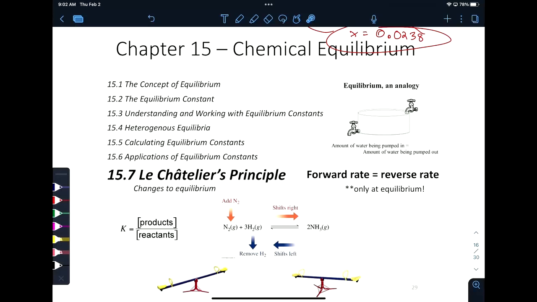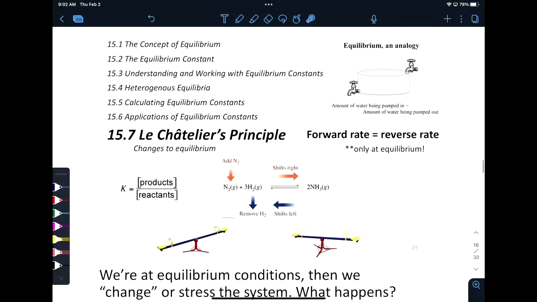We're going to bring back the idea of rate laws again and the fundamental idea of what chemical equilibrium is. It's when forward rate equals reverse rate. But once we start changing concentrations of things, we change the rate law a little bit. So there's a subtlety here of why reactions shift when we disturb the system. There's what I call the quick and dirty way to figure out the direction chemical equilibrium has to shift, but there's also a nuanced conceptual thing we need to think about in terms of rate laws.